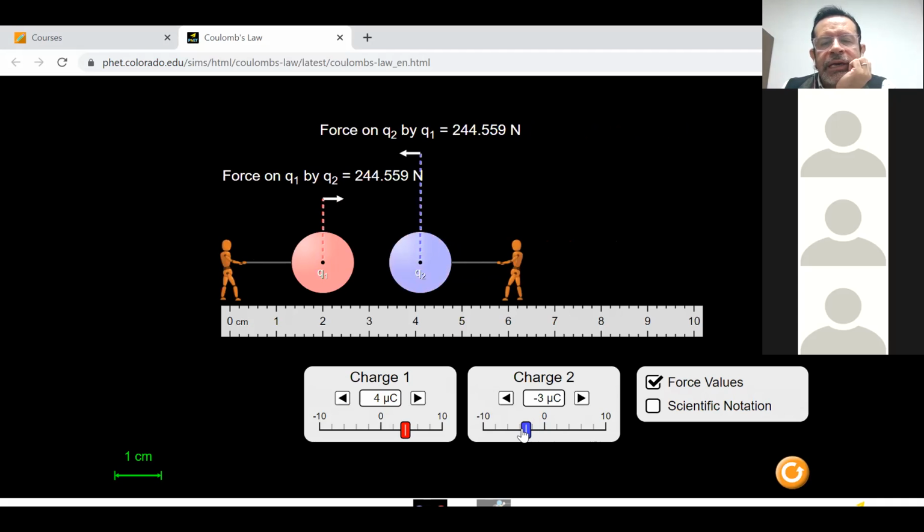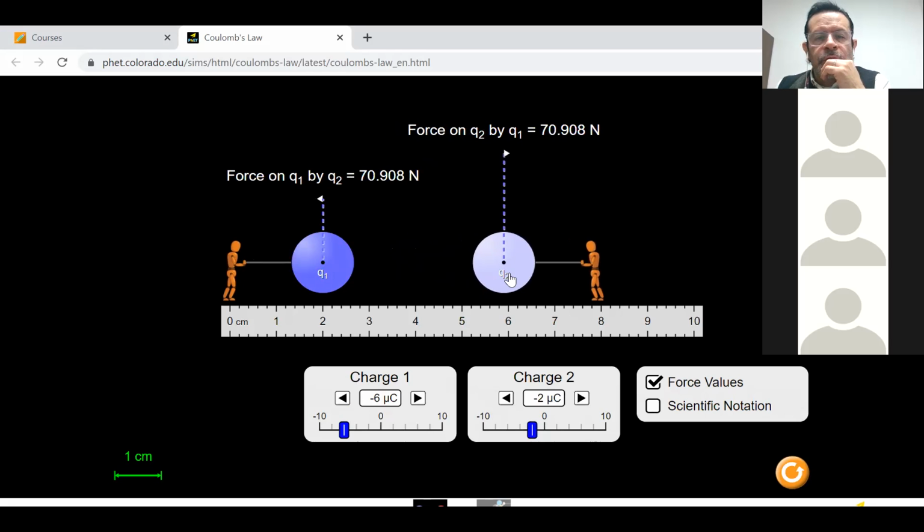Also, let's say I leave this one with a 2. If I make the other one negative, what's happening? The same situation is happening. They are repelling each other. Oh, it's 6, I'm sorry. Oh, the distance. And the distance is 4.